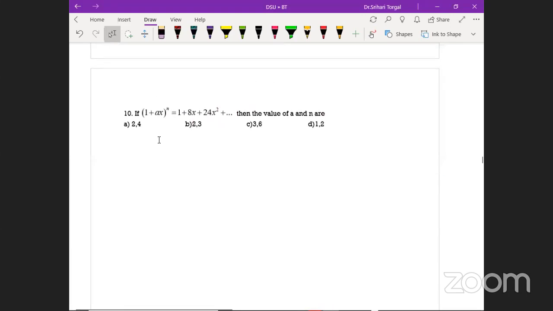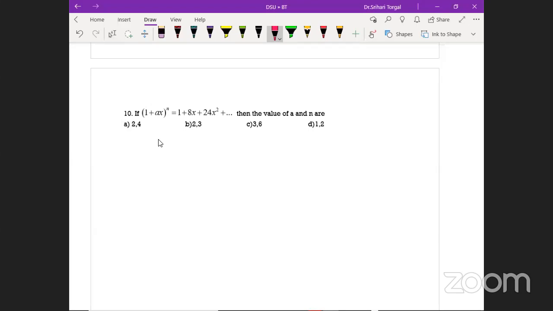Question number 10. If 1 plus ax whole power n is equal to 1 plus 8x plus 24x square and so on, then the values of a and n are? Okay, let me expand this. We all know how to expand the binomial, right?